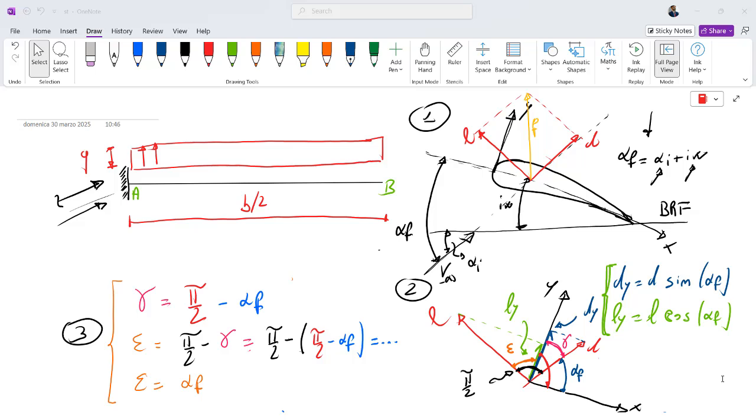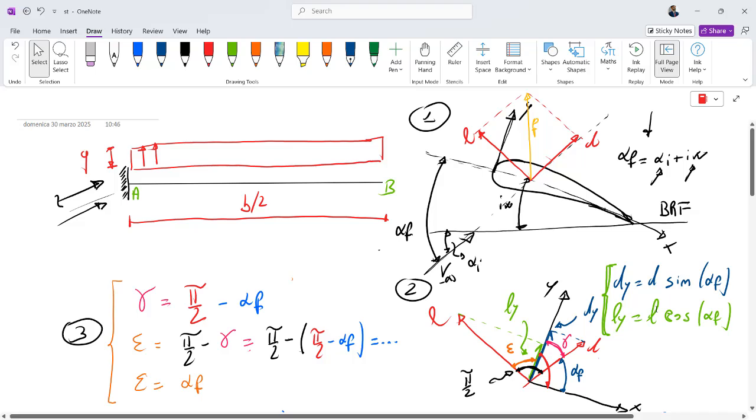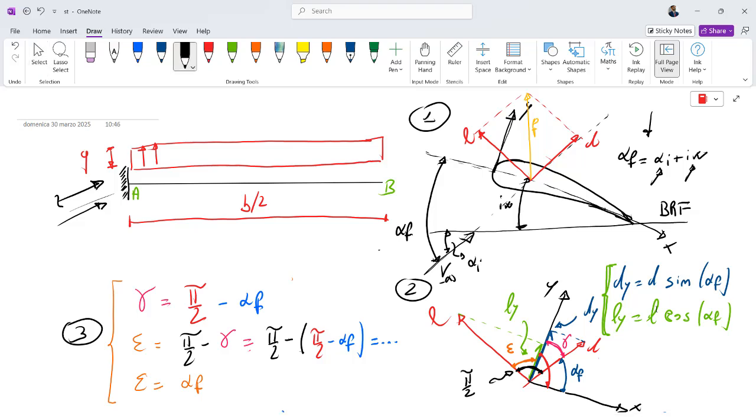On the wing act the well-known forces, lift and drag, and the vectorial summation of these forces gives us the aerodynamic force that is indicated with the F in yellow.